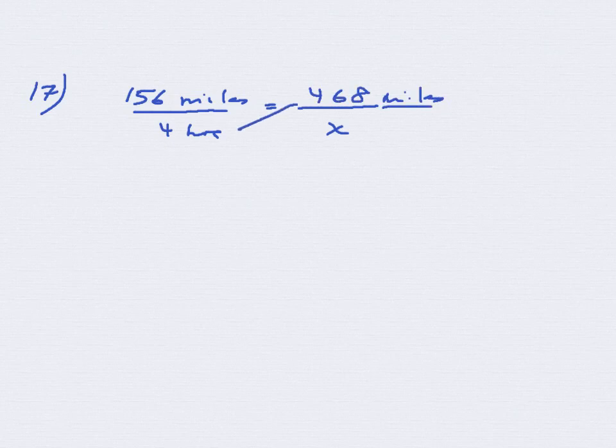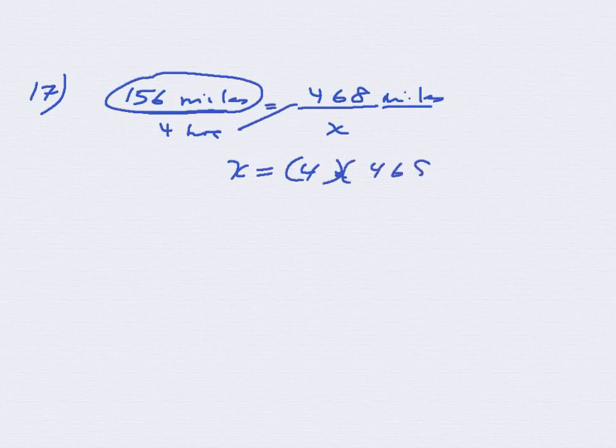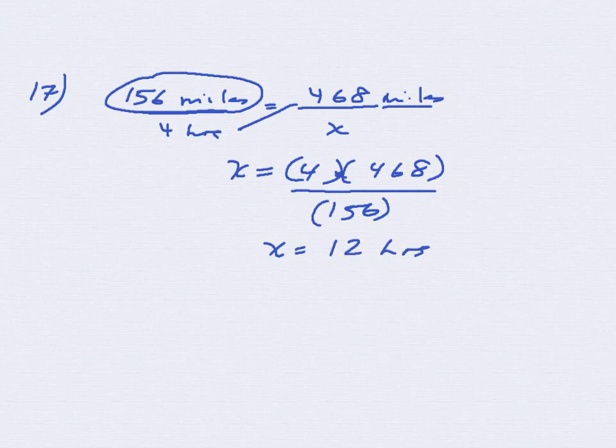And you're going to cross-multiply 4 by 468 and divide by 156. So 4 times 468, and then divide that by 156. And the math answer is going to be 12 hours. And that would make sense, because if he drove 3 times longer, he's going to take 3 times longer, a direct proportion.